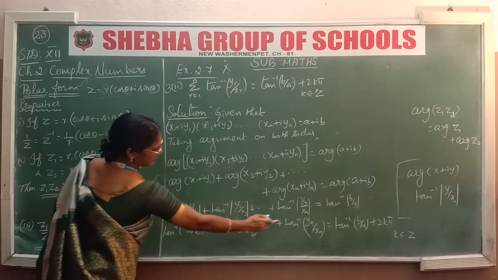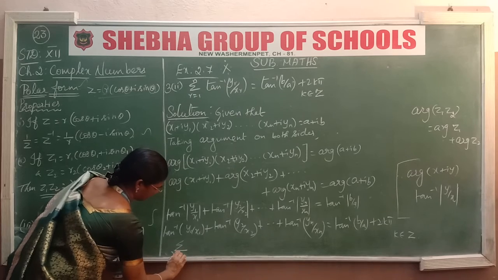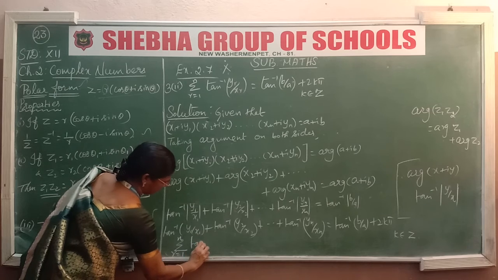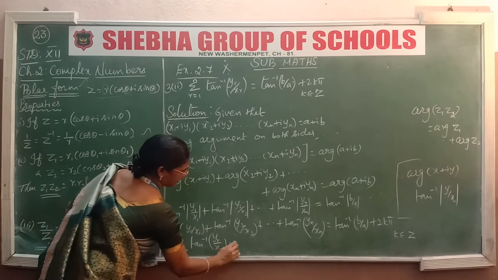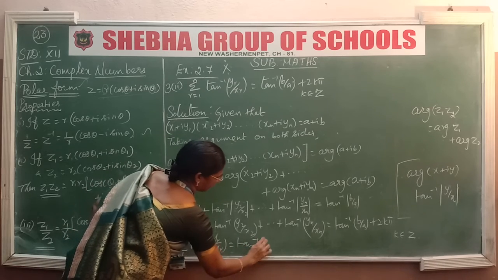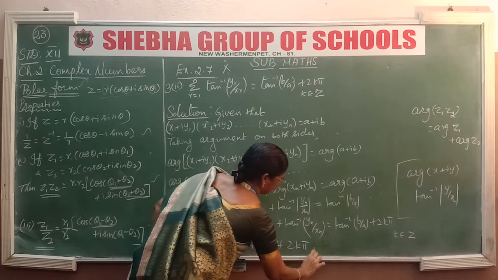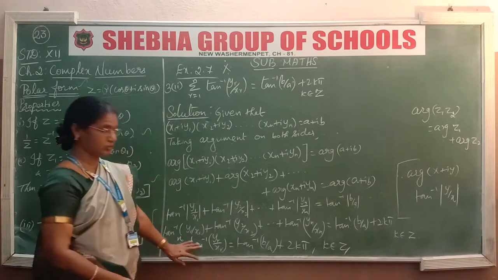We rewrite this in summation form, that is sigma r equals 1 to n of tan inverse of yr by xr equals tan inverse of b by a plus 2k pi, where k belongs to z. Hence the result. Understood?